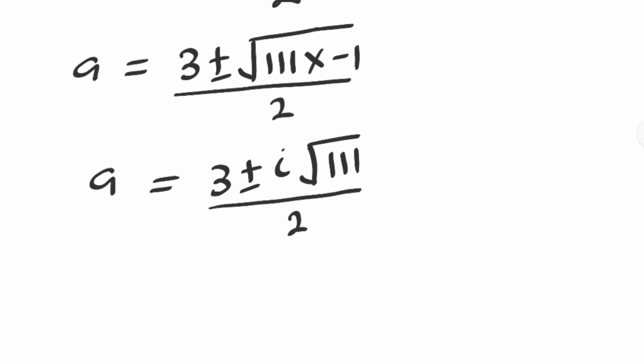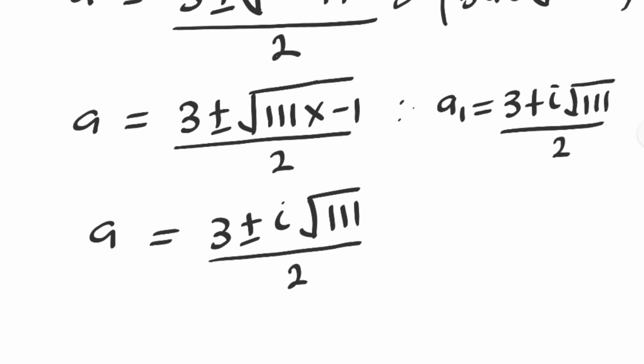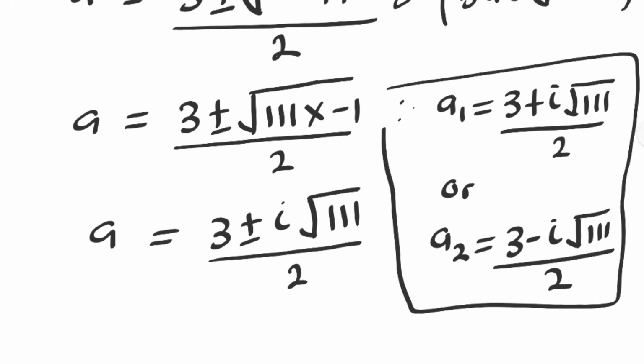Therefore, a1 is equal to 3 plus i square root of 111 over 2, or a2 is equal to 3 minus i square root of 111 over 2. These are the values of a.